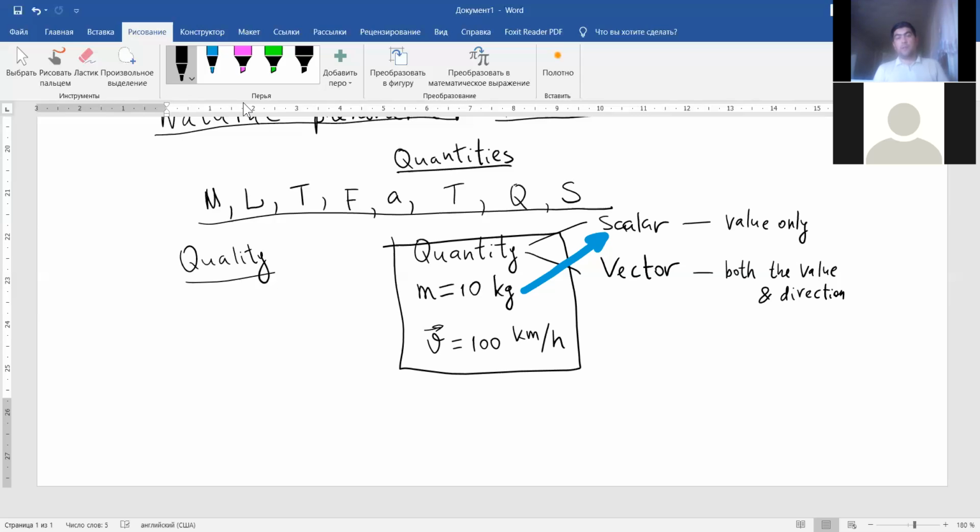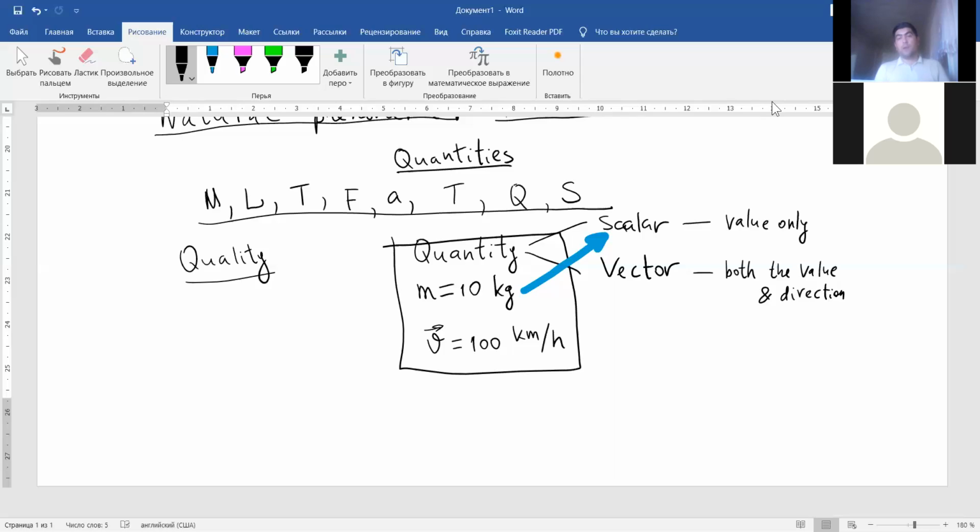For example, we say 100 kilometers per hour. The speed of the car is 100 kilometers per hour and directed to the north or directed to the northeast, etc. So it has both direction and magnitude. Okay? So these are the differences between vectors and scalars.